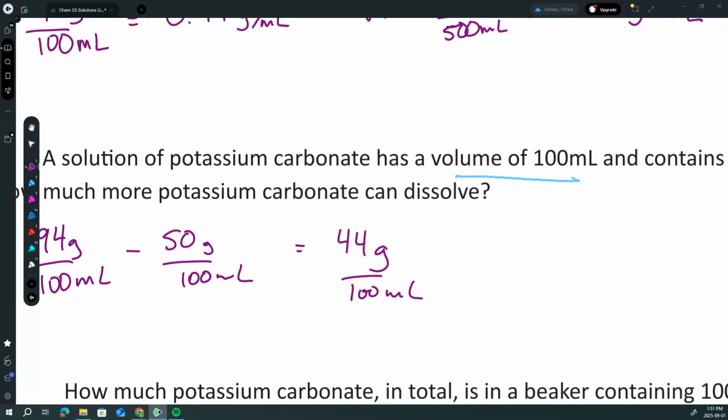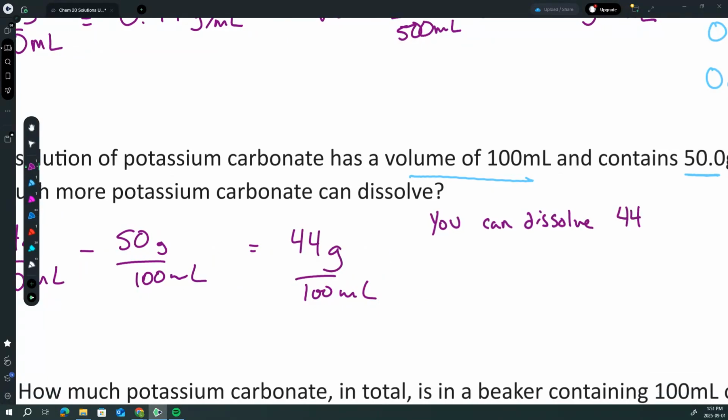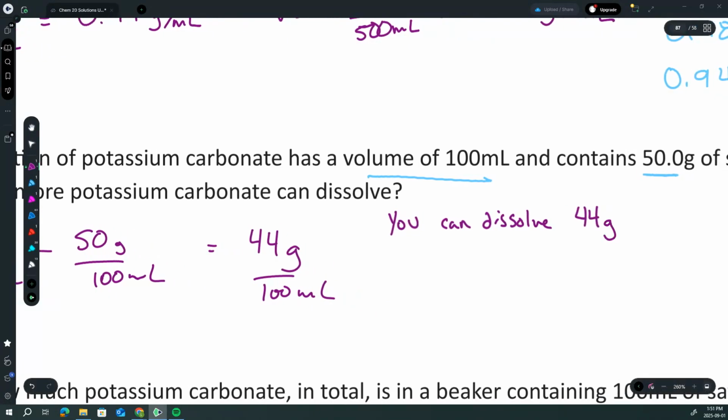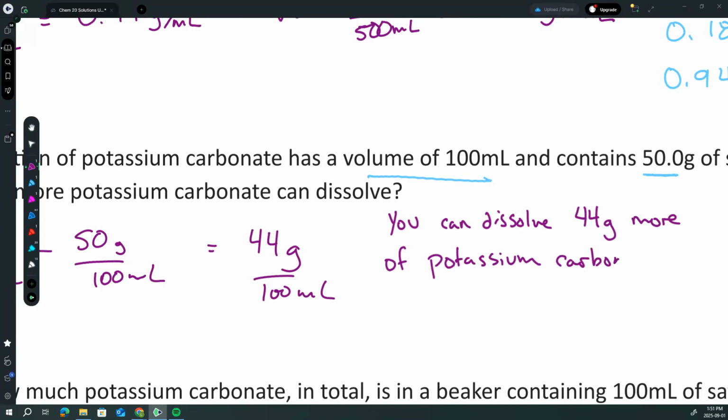So what this means is you can dissolve 44 grams more of potassium carbonate in 100 milliliters of water at 20 degrees Celsius.